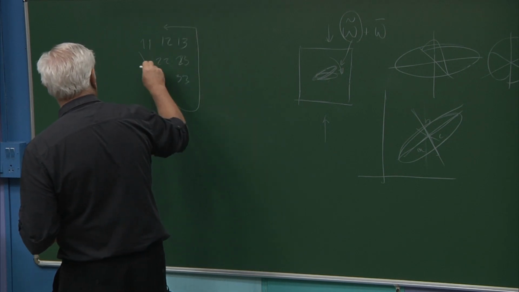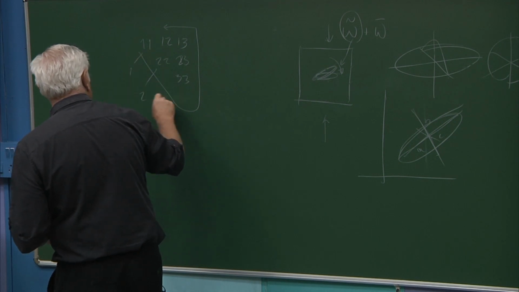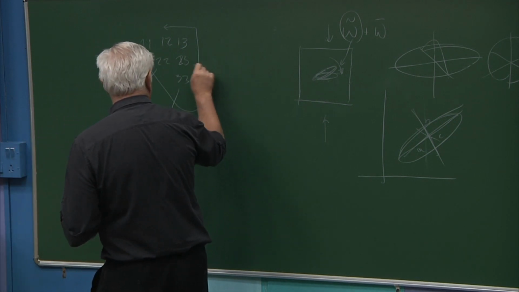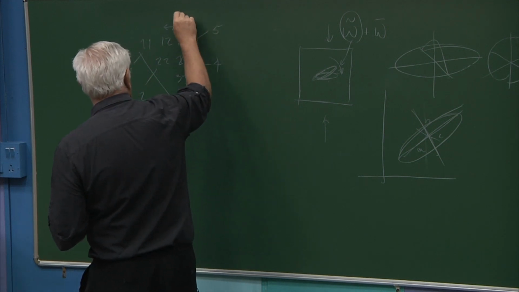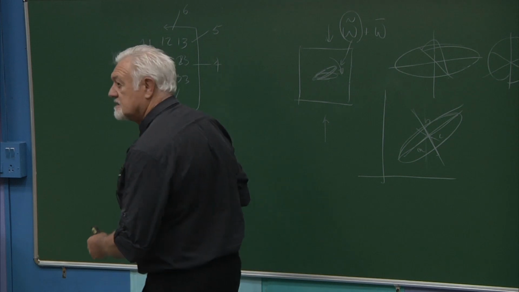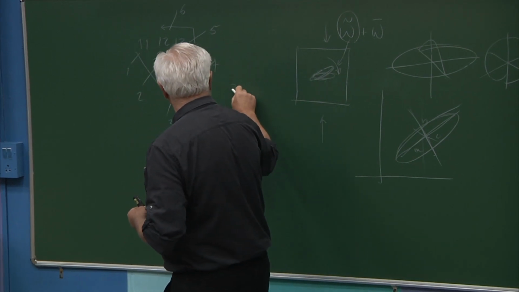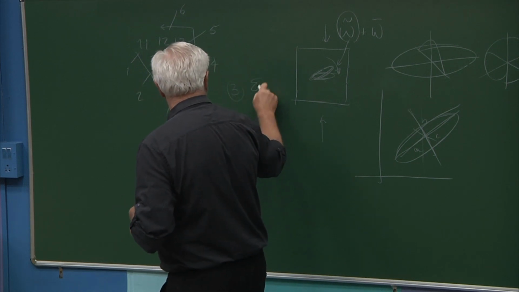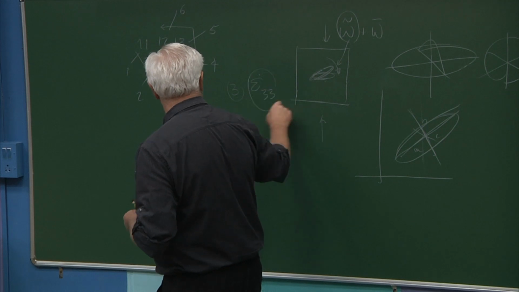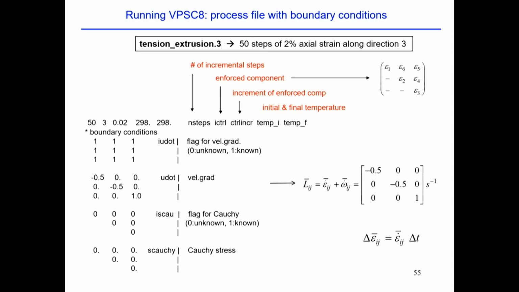So the Voigt convention says this is 1, this is 2, this is 3, this is 4, this is 5, and this is 6. So saying that you control the component 3 means that you control epsilon dot 33, or maybe sigma 33.